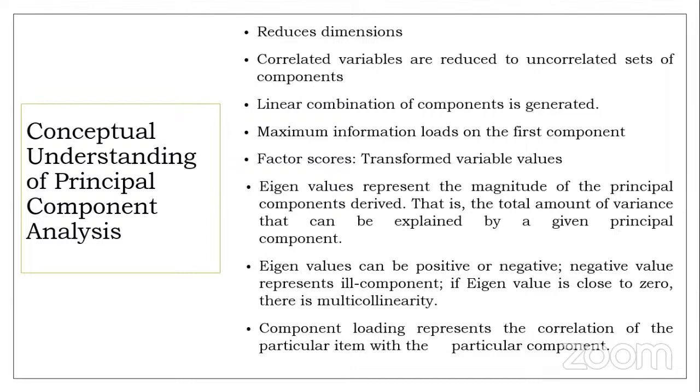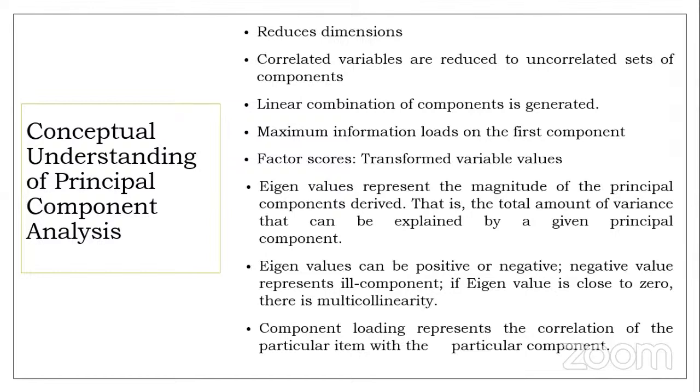We need sufficient correlation coefficients among the different variables which we are considering, at least above 0.3. Otherwise, if there is insufficient correlation among the variables, we cannot apply any of these factor analytic methods to that data set. So we start off with correlated variables, but PCA intends to produce uncorrelated sets of components.